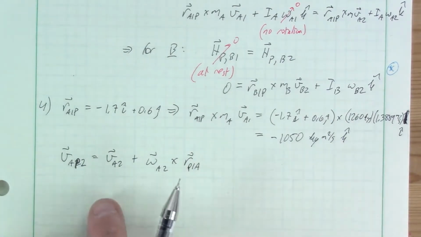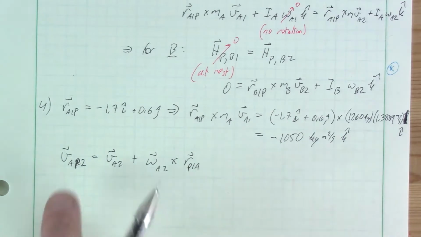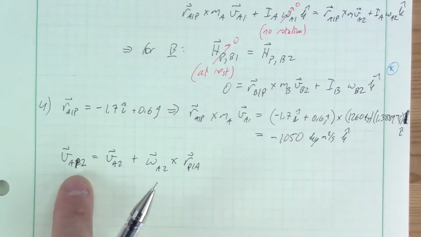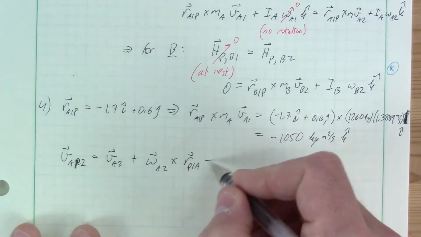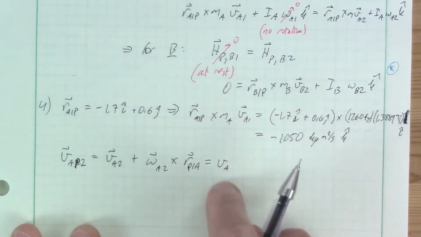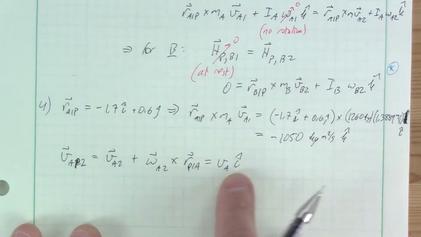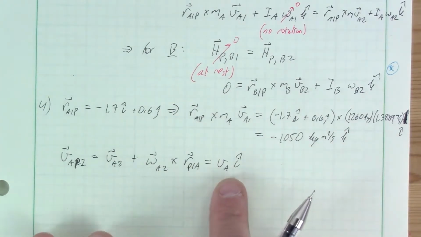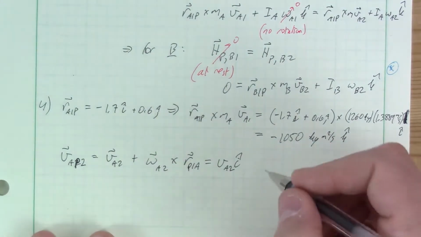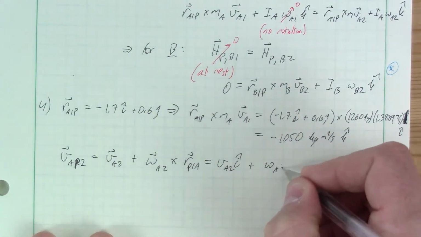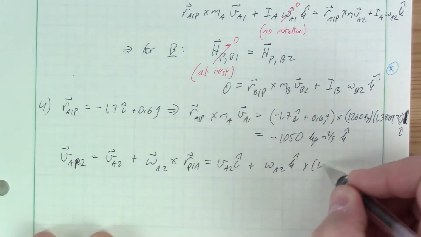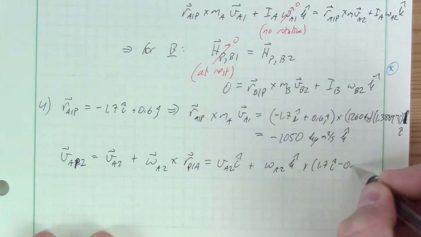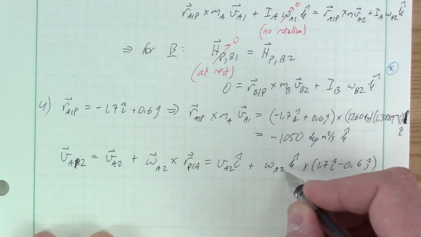So what we're doing here is the velocity of A at the collision point after the collision from its center of mass. This is now the velocity of A i hat, right? That's useful information: we know this is purely in the i hat direction, and that's VA2 plus omega A2 k hat, that's unknown, crossed into 1.7 i hat minus 0.6 j hat.